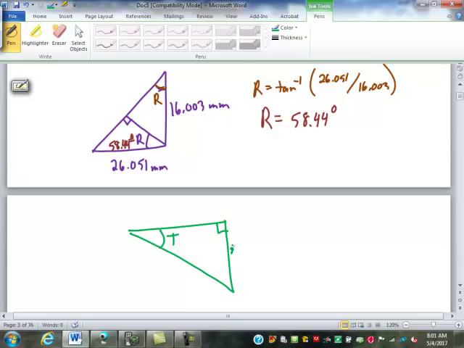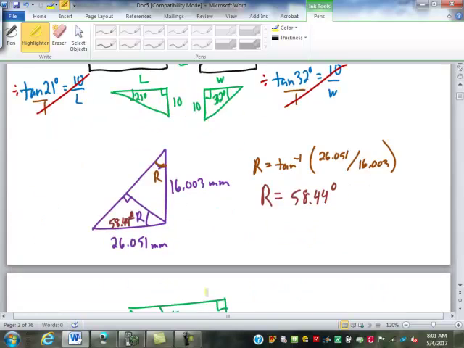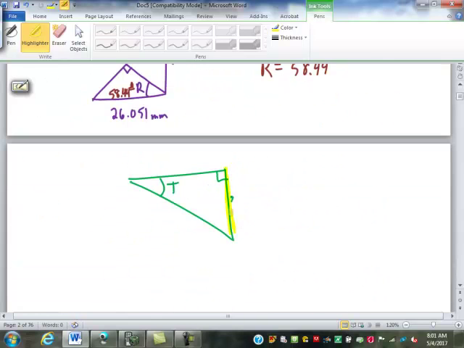Well, this piece right here is the 10, right? That's what I'm saying. Yep. Top is 15.63. Okay, hang on for that.